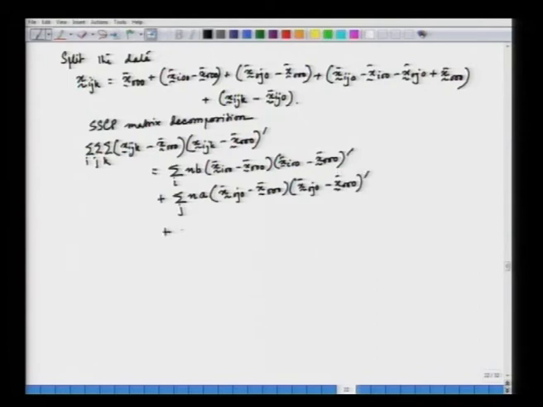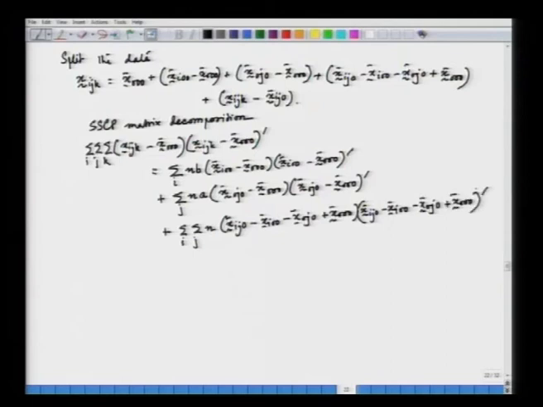At the next step, I consider the sum over k, so that i and j remain here, and then I have n, and then x ij naught minus x i naught naught minus x naught j naught plus the overall sample mean, with the same terms transposed.